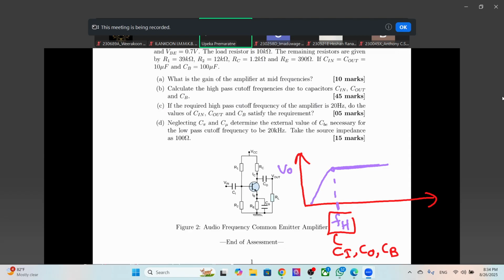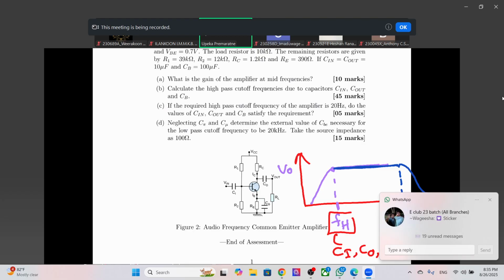The parasitic capacitances will act as low pass cutoff frequencies. Anything below them, we will have a response like this. Anything above it, there will be a roll off like that.